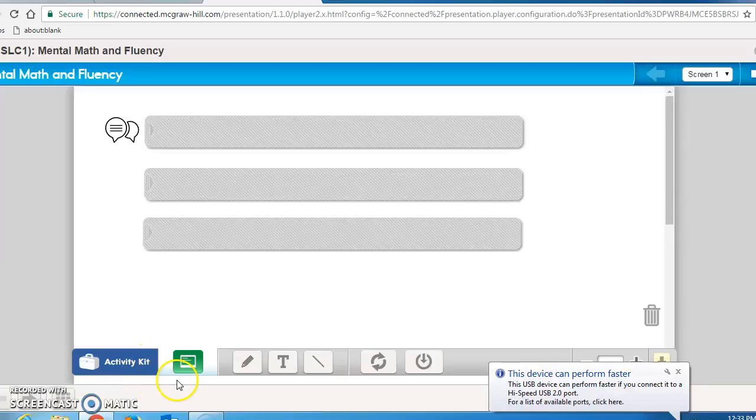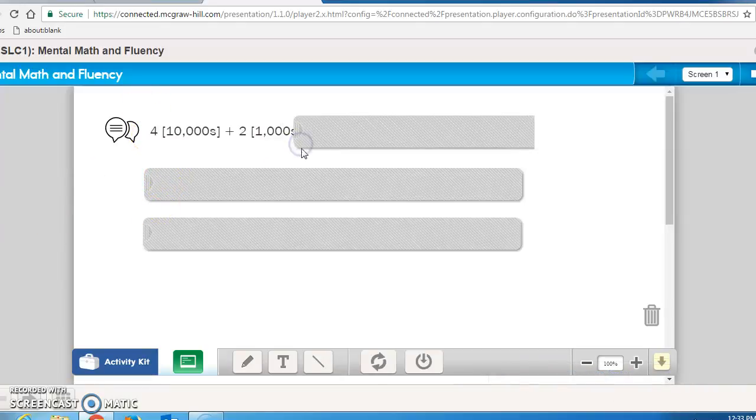Reading large numbers such as these in expanded form, I want you to be able to record them on a piece of paper or on a whiteboard and then bring them back to me when you are done. So write this number down in standard notation.